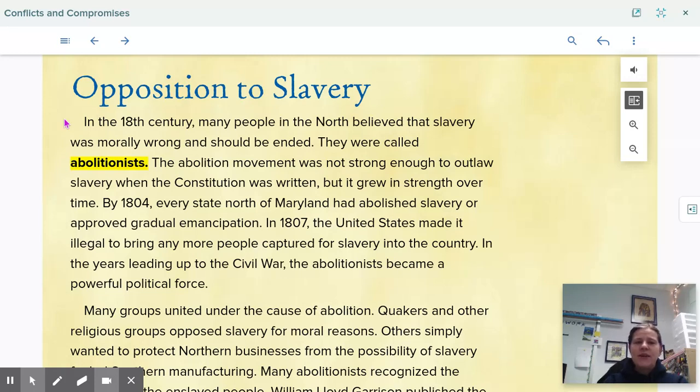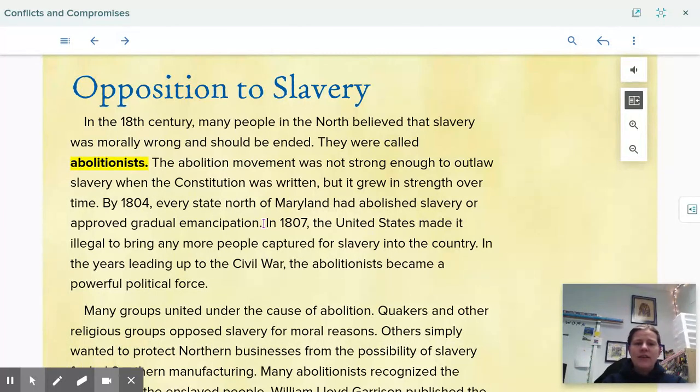By 1804, every state north of Maryland had abolished slavery or approved gradual emancipation, meaning slowly letting slaves become free. In 1807, the United States made it illegal to bring any more people captured for slavery into the country.